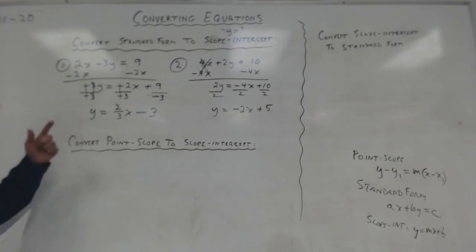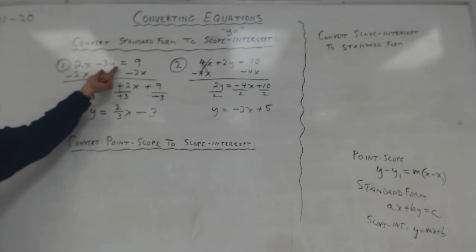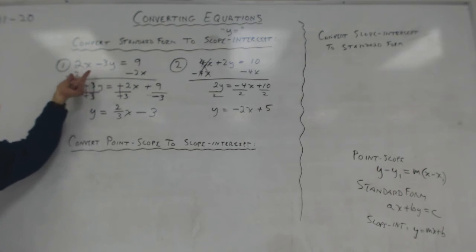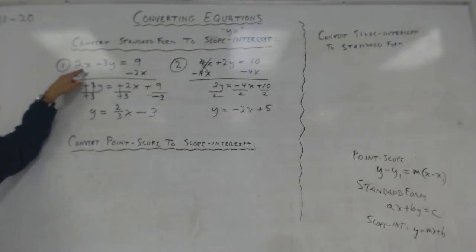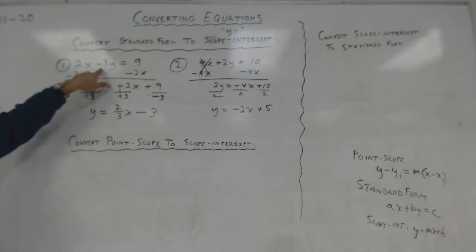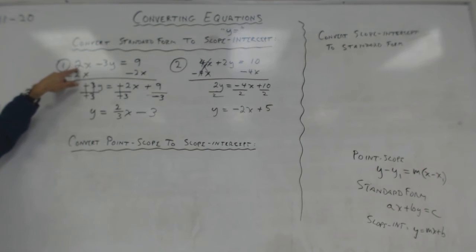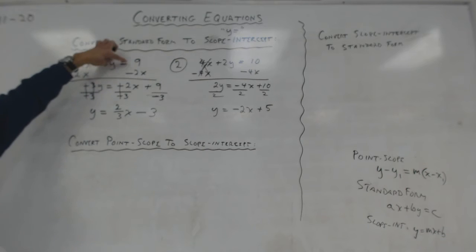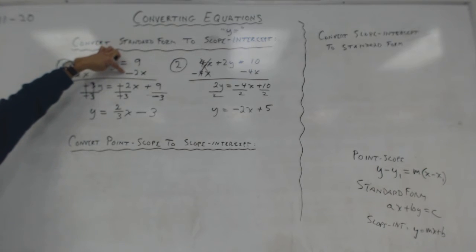All right, so remember, the first thing is I want the y all by itself. I don't deal with the negative 3 yet. I first deal with anything else not associated with the 3y. I want to get rid of that 2x, so I subtract it from both sides. I can't say 9 minus 2x is 7x, because those are not like terms, so I've got to keep them separate.